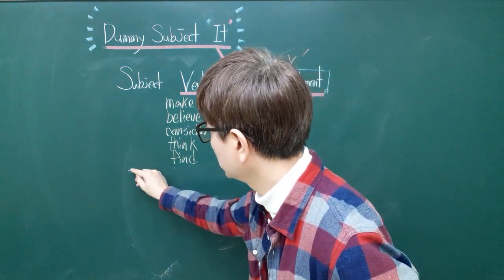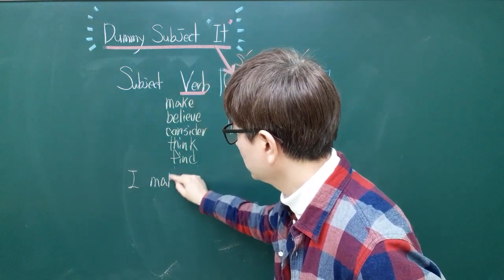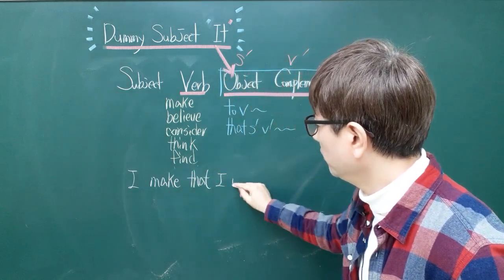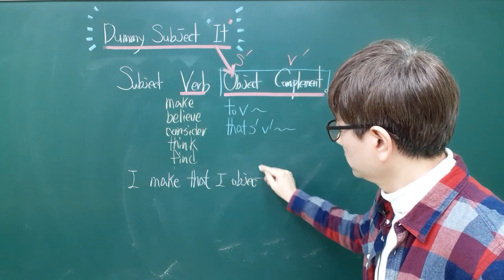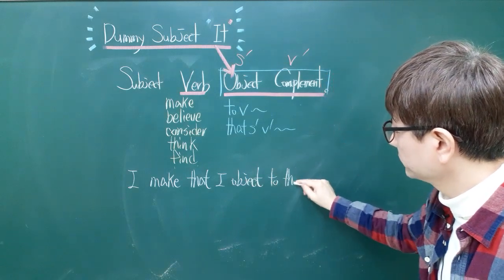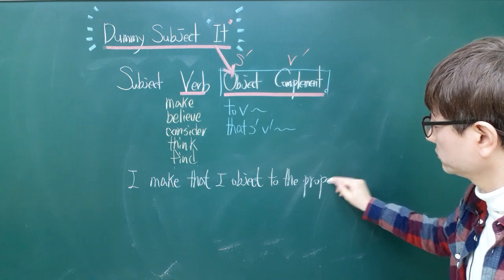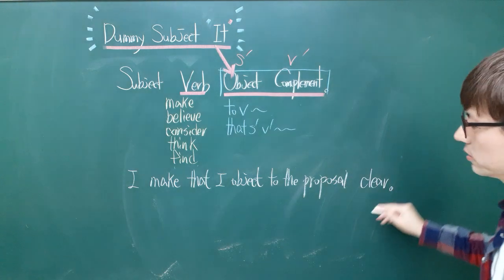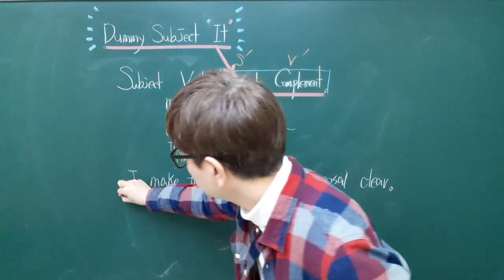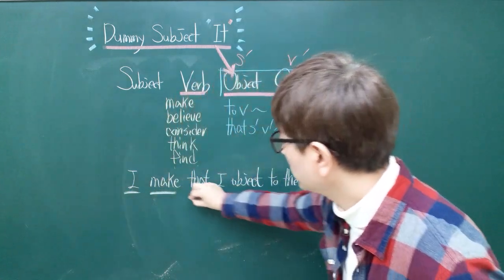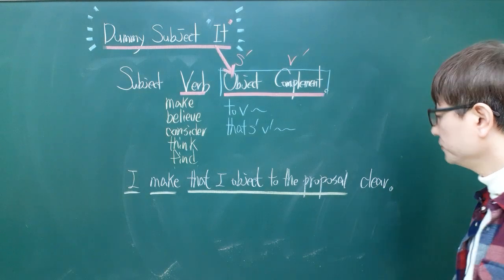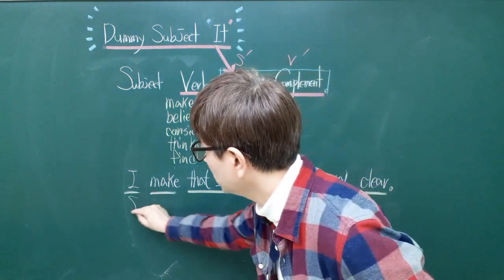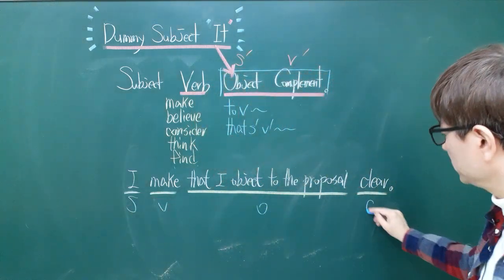I make that I object to the proposal clear. I is a subject, make is a verb, that I object to the proposal is the object, and clear is complement: subject, verb, object, complement.